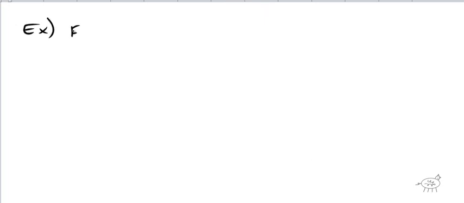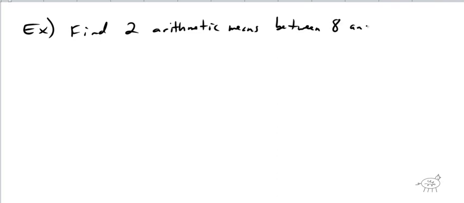Okay? And let me show you by an example here. My example is find two arithmetic means between 8 and 17. So you know it's 8, and then there's two arithmetic means, and then 17.